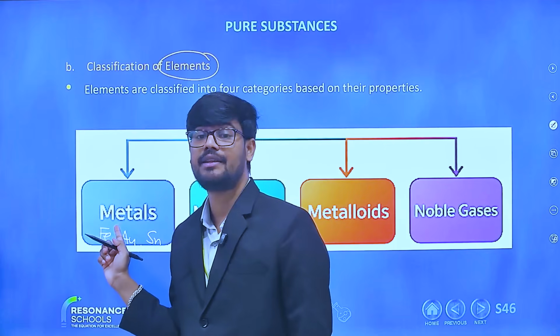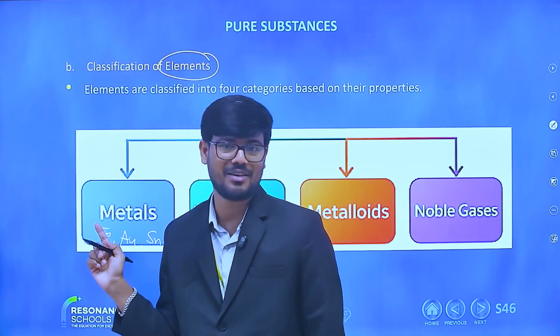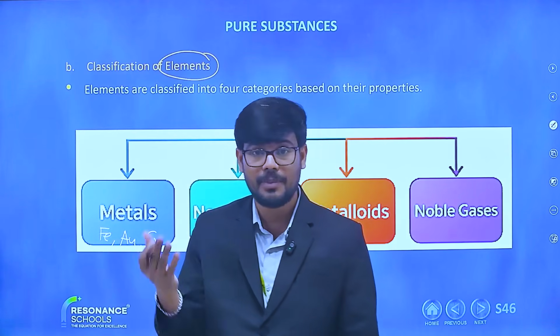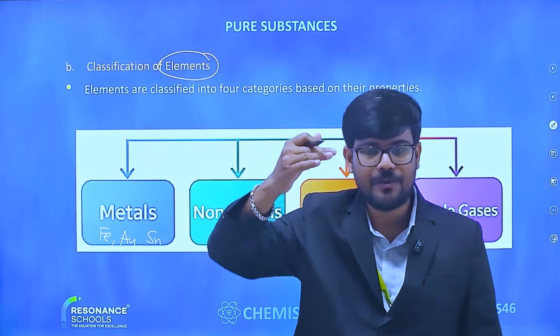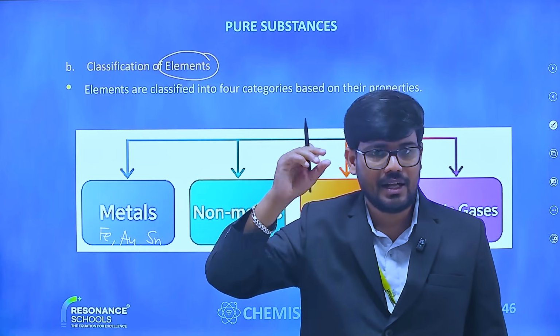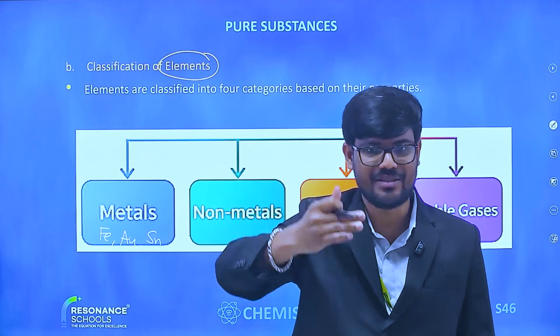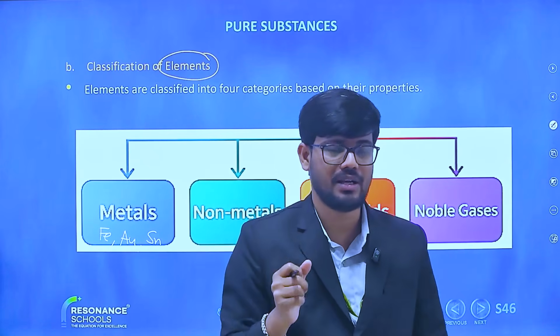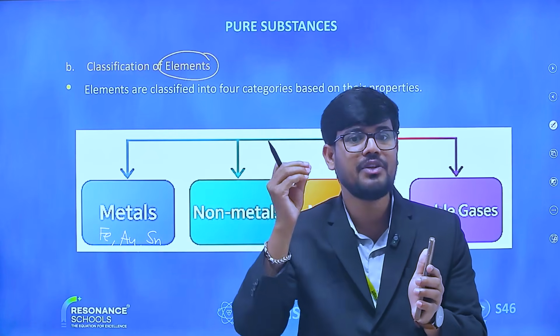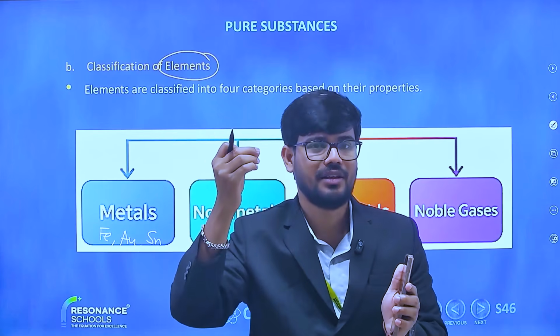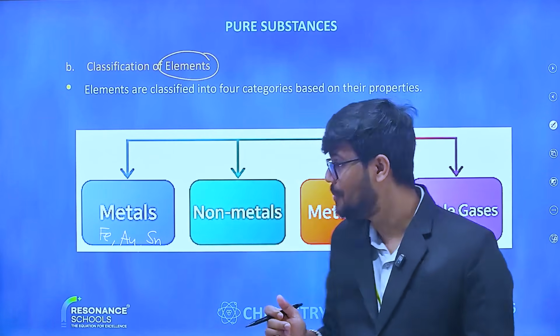They are very good conductors of electricity, there is thermal conductivity, and some metallic sound. If you heat a metal, or if you rub two metals, you will hear some sound frequency. That metallic sound will be there.